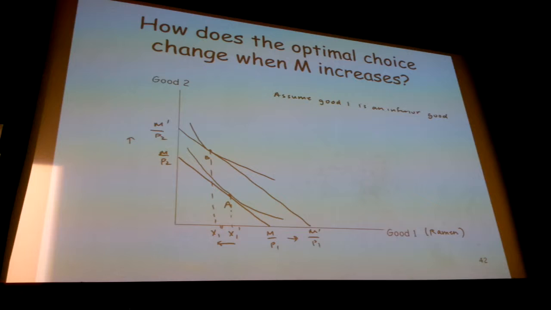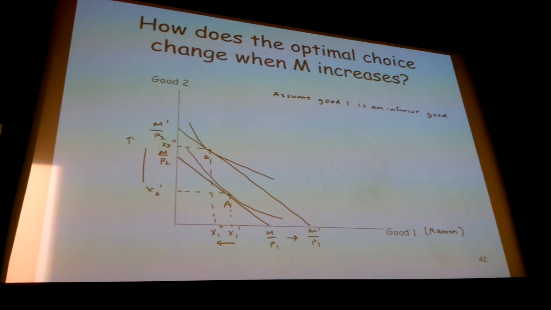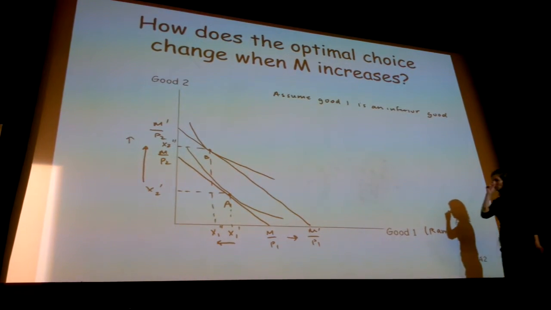And obviously my consumption of good 2 has gone up. So that's what an inferior good would look like.